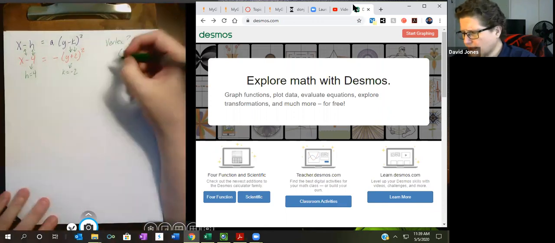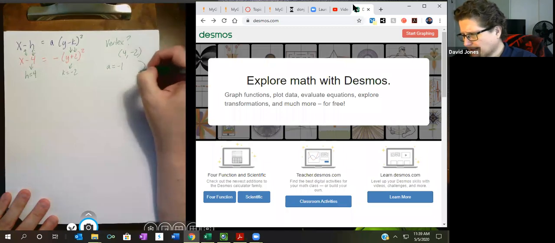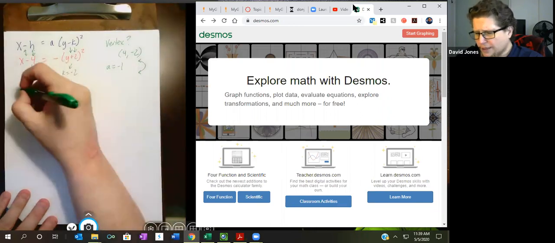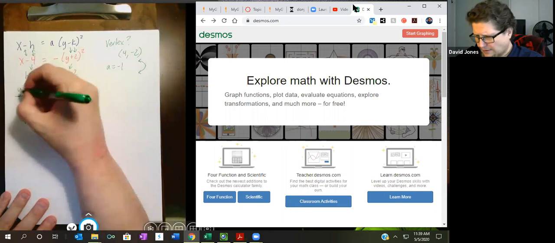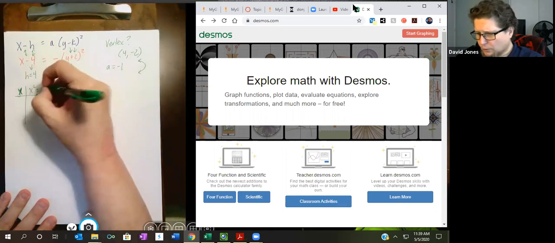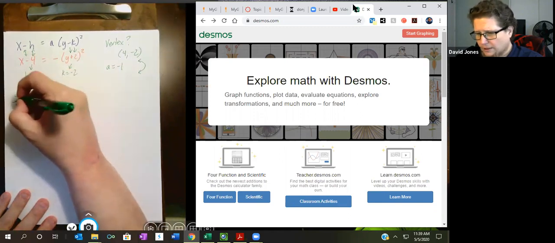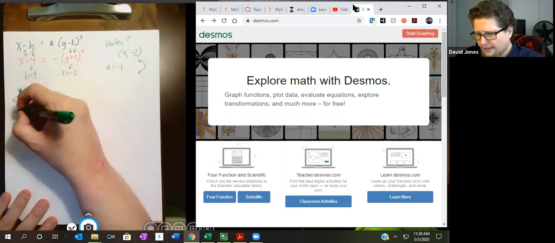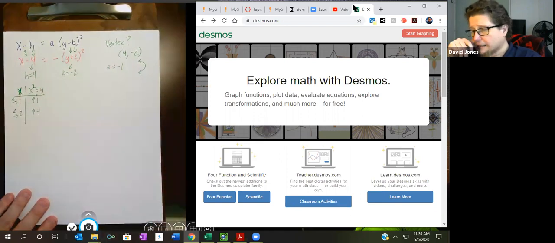a is negative 1, which means it opens to the left. Where we used to have x and x squared equaled y, and we either went left 1 or right 1, we went up 1, and we went left 2 or right 2, and we went up 4.